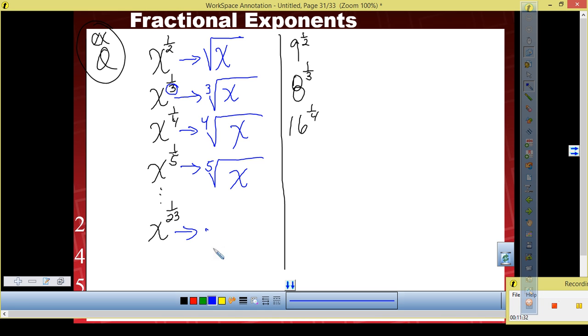Therefore, what would be the index on this one? 23. Does everybody see that? So the only one that does not have an index is which one? It's the 2. It's a square root, because we already know that square roots only have 2 numbers that multiply, or a number that multiplies itself 2 times. So copy this, please, and then I'll go over it with numbers.